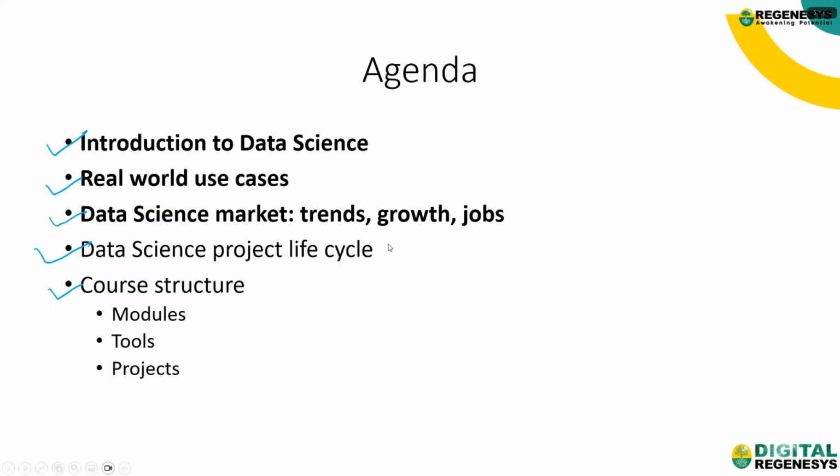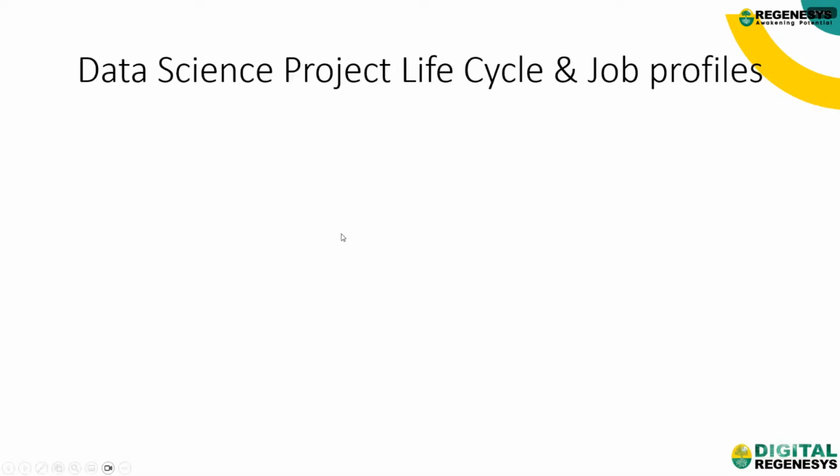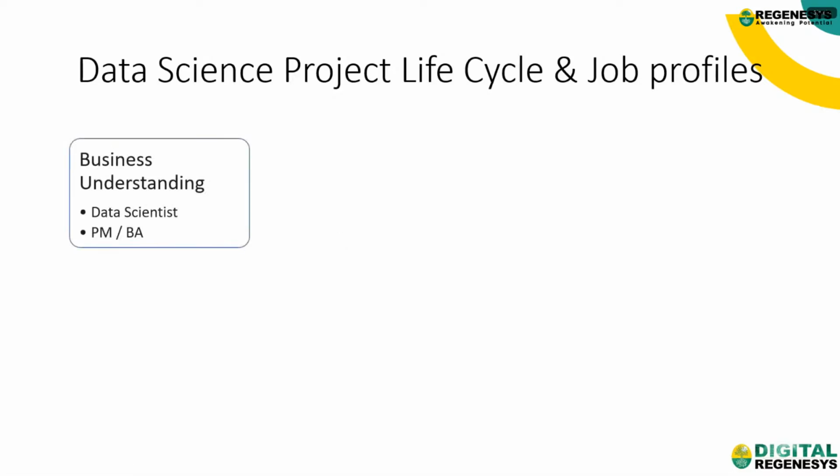All right, now let's move to the next section of the presentation, which is about the project life cycle and what are the different job profiles present in each phase of the data science project. So it starts with business understanding. Do you remember the example of Amul ice cream which I gave in the beginning?